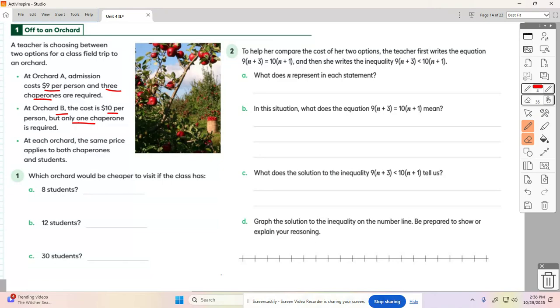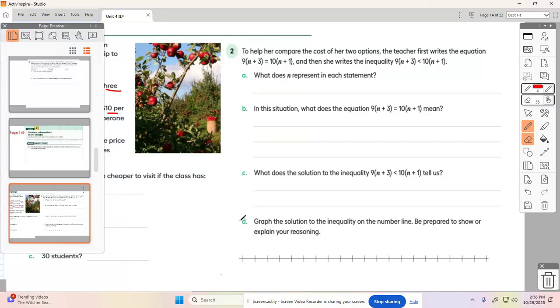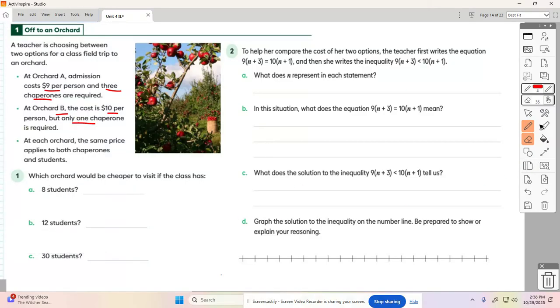For number 1, part A, I'm gonna see which one is cheaper for each different number of students. For A, I know it costs $9 per person. It says we have 8 students, and we need how many chaperones? 3.